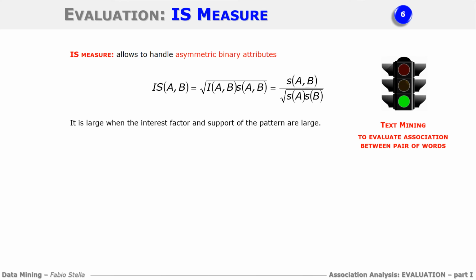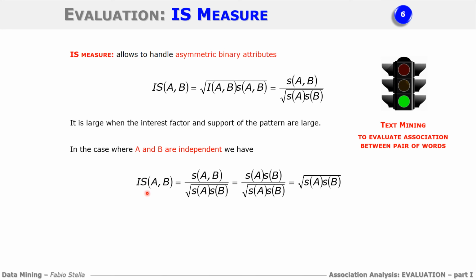It is worthwhile to mention that the IS measure can be used in text mining to evaluate association between pairs of words. In the case where A and B are independent, we have the following.